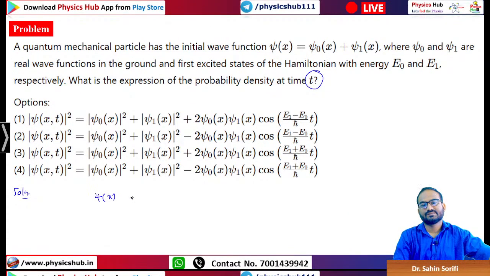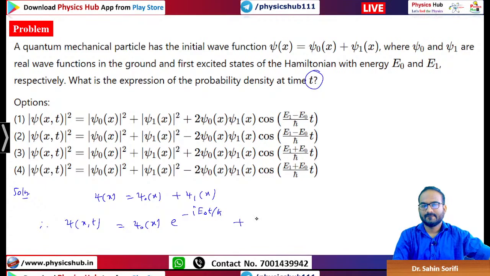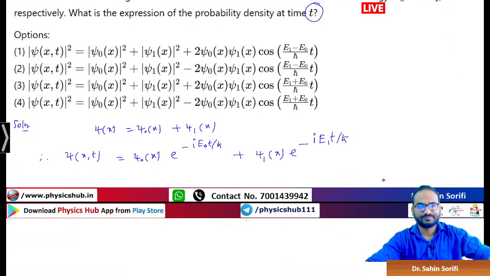Psi of x, psi 0 of x, psi 1 of x, so psi of x,t is psi 0 of x, e to the power minus i E0 t by h cut, plus psi 1 of x, e to the power minus i E1 t by h cut.